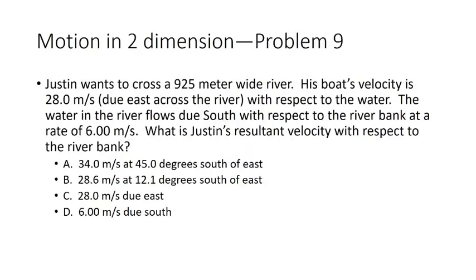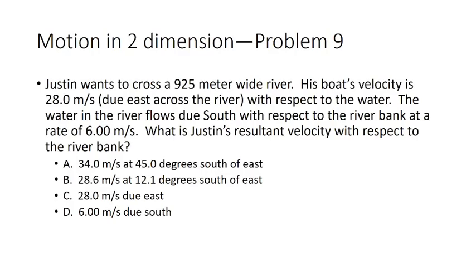All right, so here's problem 9. Again, same problem, but in this case we want to know what is his resultant velocity with respect to the riverbank. So to get a resultant velocity, we need to add together all of the vectors that are making Justin move.